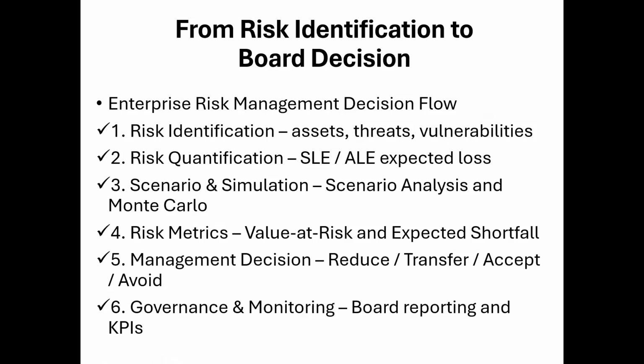And then finally, after your optimization, we have to do the governance and monitoring, reporting to the board, supported of course by KPIs and constant monitoring. Constant monitoring, because the assumptions might change, and then you'll have different sets of values. So this is how risk management moves from theory to governance and strategic decision making.